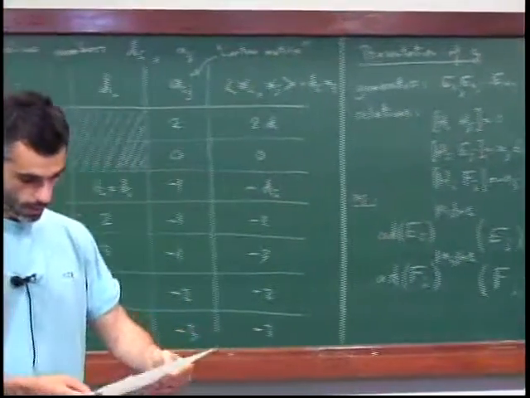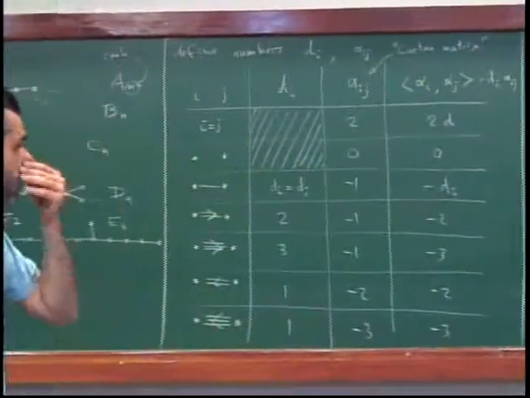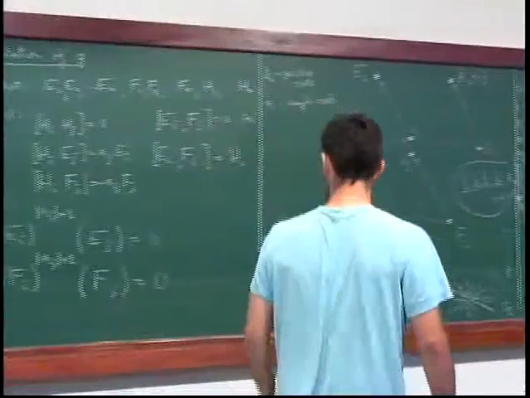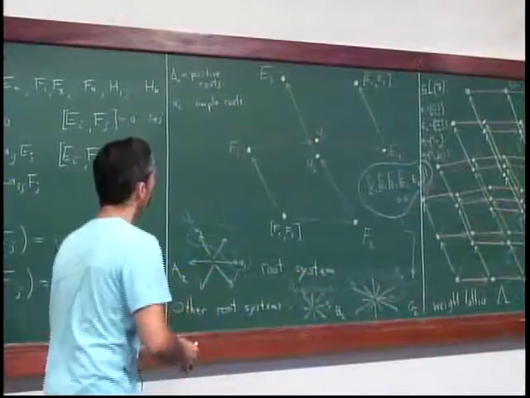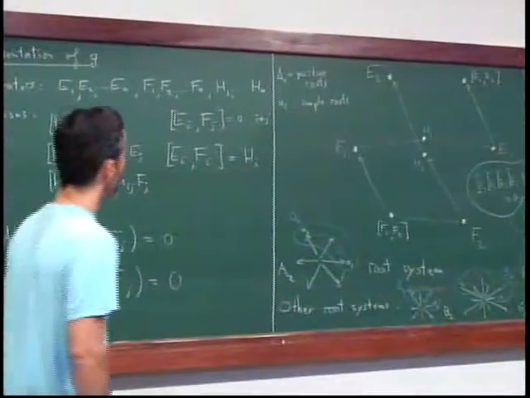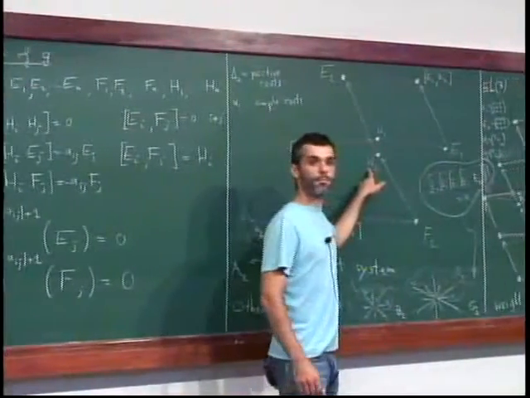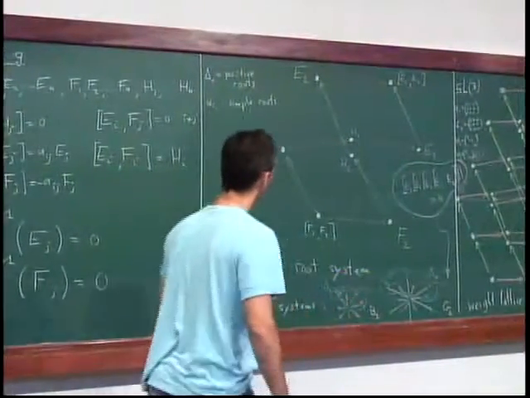So let's see. I haven't talked about the Borel subalgebra. The Borel subalgebra is the algebra which is generated by the EIs and the HIs.